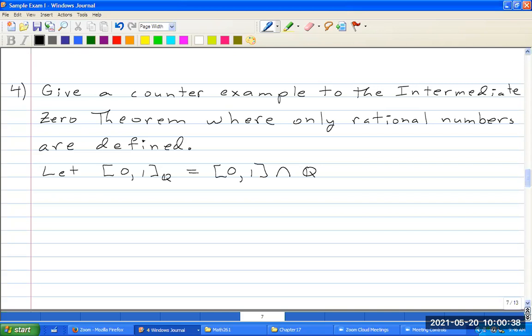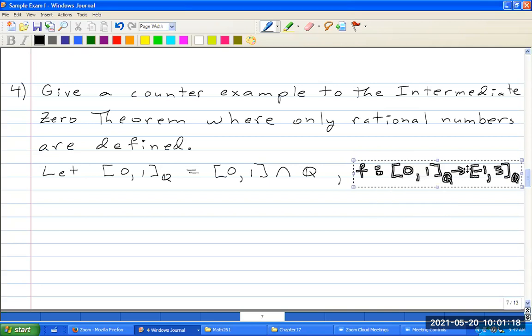Then let me define f, and let's say it goes from 0, 1 sub q to, I don't care, let's say -1, 3. Let me move this over so I have more space to write that.